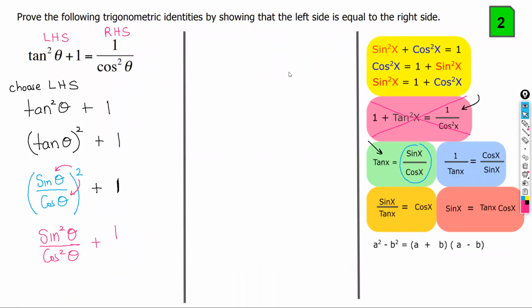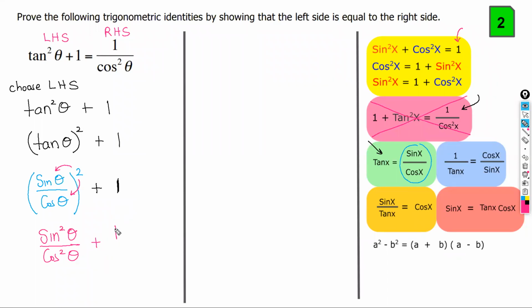Now, a lot of people might be tempted. It's a little bit of trial and error. Some people will see the number 1 here, and they will throw it away and replace it with sine squared plus cos squared. There's no mathematical law that says we can't do that.